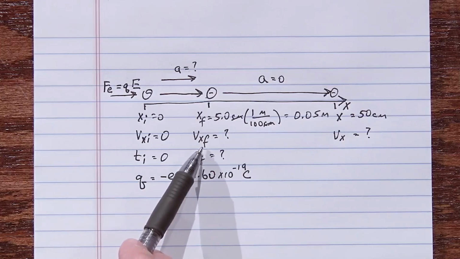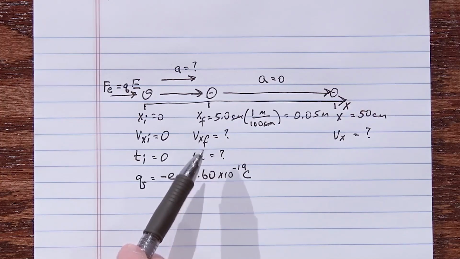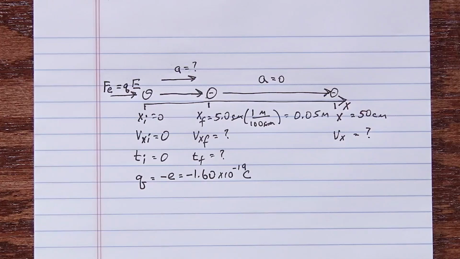We are interested in the electron's final speed. And if we're interested in the electron's final speed, then we need to have an equation with speed in it, but we're not asked for the time at which the electron reaches the 5 centimeter mark. So we would pick our kinematic equation that doesn't have time in it.